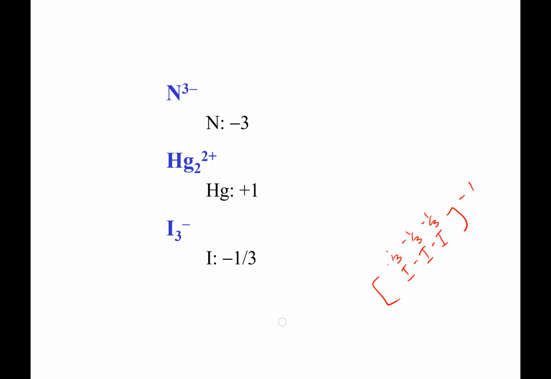This little exercise we're doing now won't be a standalone question. What we're doing now is to try to assign oxidation numbers, and we're going to use those as something else. So let's see what else we got. Now we take it up a notch.